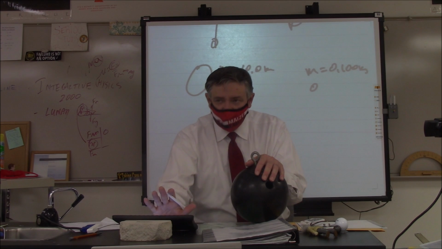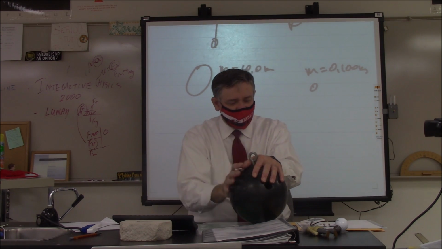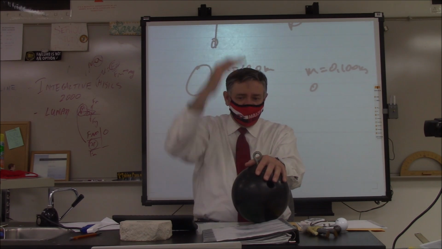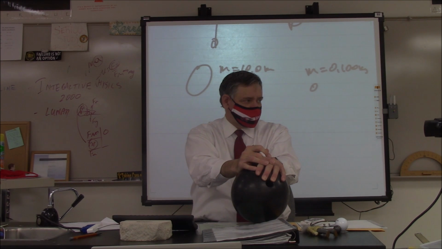What is the weight of Hank? So Rayhoff, I said, Hank has a mass of 10 kilograms. I want to figure out how much Hank weighs. What are you going to do? Yep.